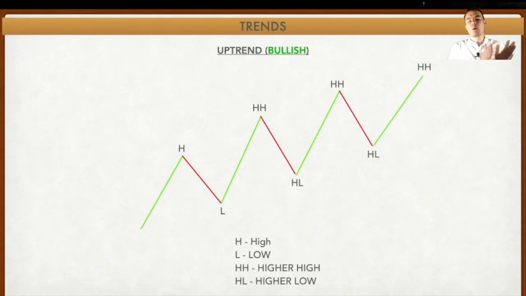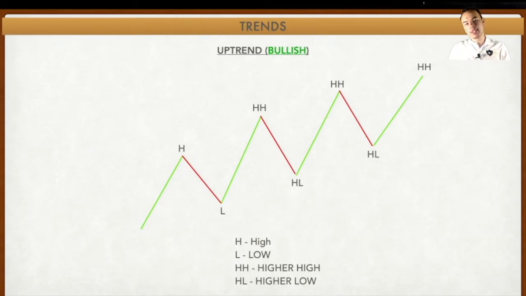Now, when a trend begins, it can't just be a higher high. It will start off with a high, then price will get exhausted or retrace and form a low. Then price will increase again and form what's called a higher high, an HH. Why? Because that new high is higher than the previous high.